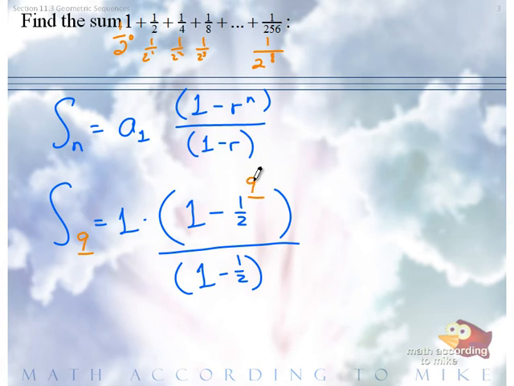The other way of doing it, just like what we did before with that hint when we had arithmetic, is using this formula. You would have off to the side 1 over 256 is equal to our first term, 1, times 1/2 to the n minus 1.